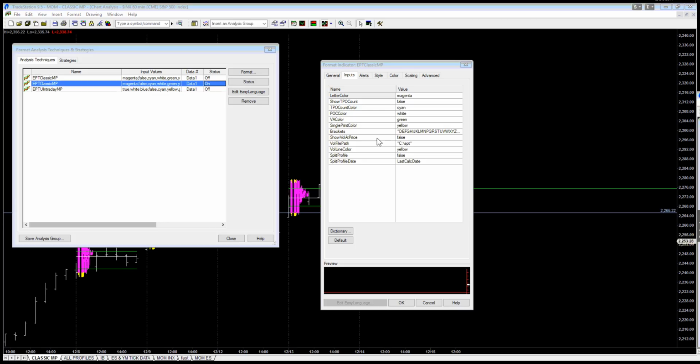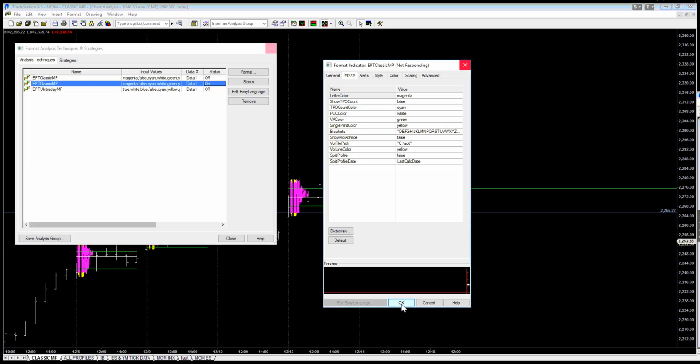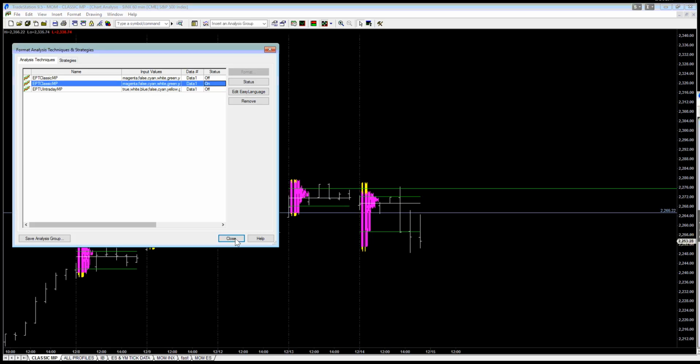So the show volume at price is set to false. And so the classic method for plotting the profile is being used here. Now there is more than one way, and we'll show you that difference in just a moment. But we're using, in this particular case, a 60-minute chart to generate this data.